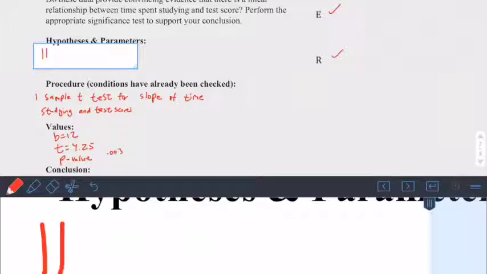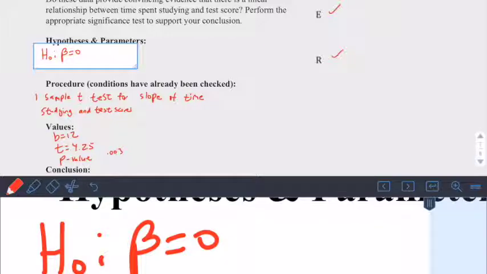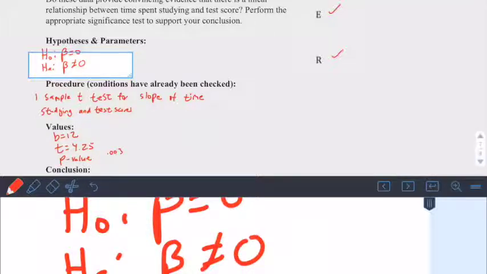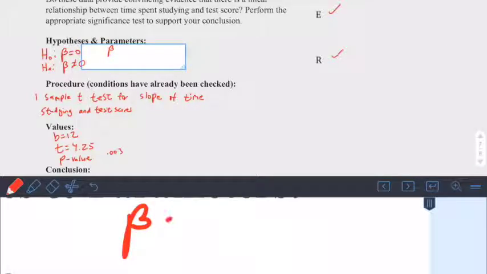So the slope is 0 would mean that there's no relationship, and then we're looking for evidence against that, that there is a relationship. It doesn't say greater than or less than. And then beta is our slope of the regression line relating time spent studying and test scores.